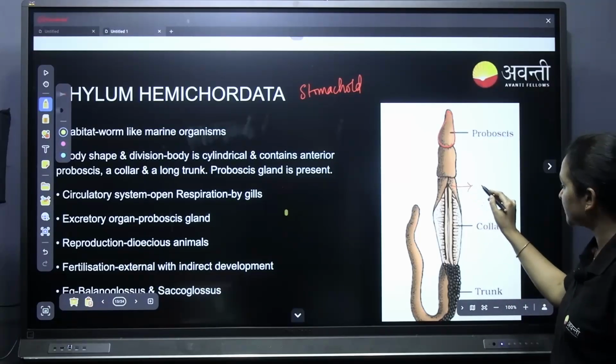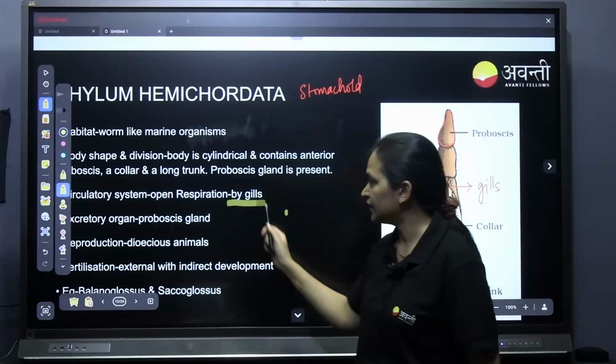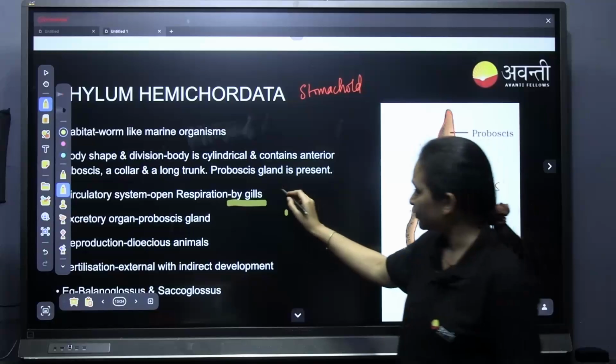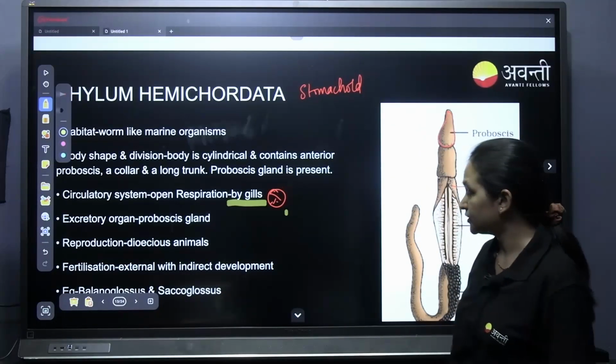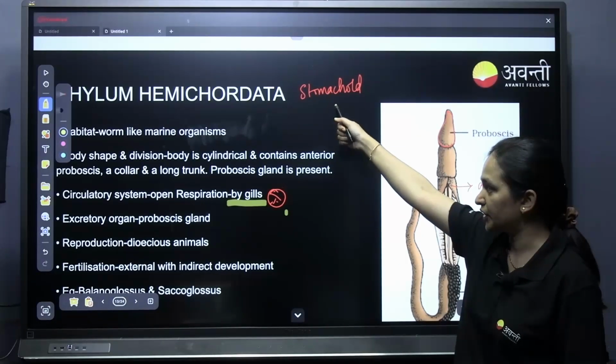But here you can see gills. Gills are present, and respiration is taking place by the gills. This becomes important, and the stomochord is another important thing here.